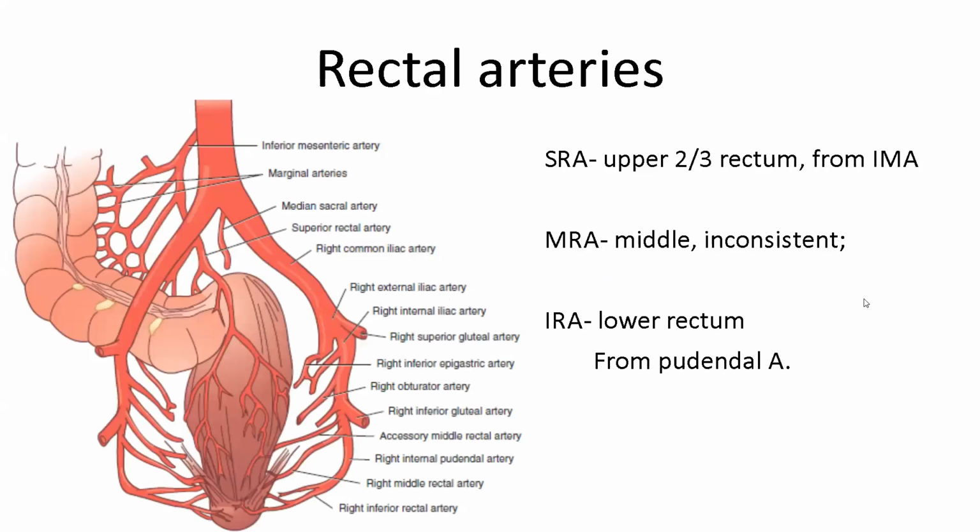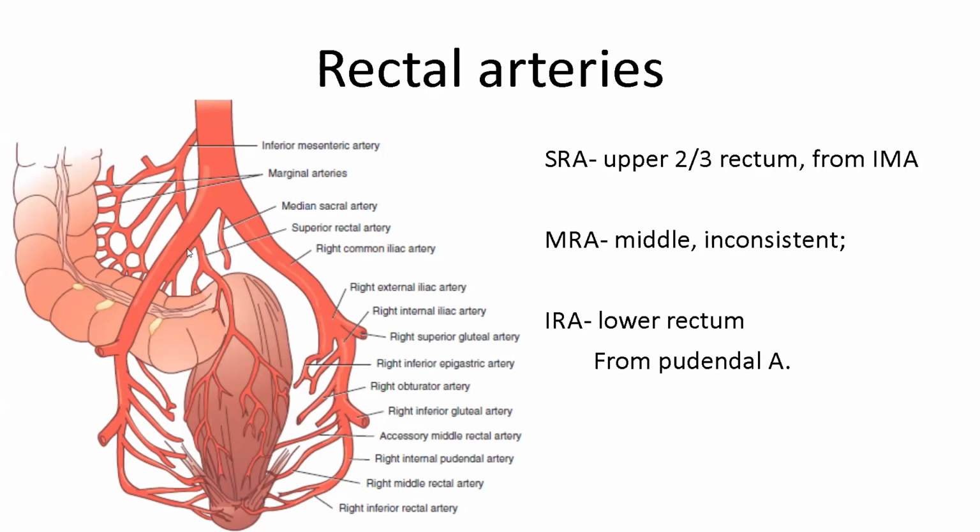Next is coming to the blood supply. Rectal arteries. Now this figure is actually seen from behind. So here we can see that this is the inferior mesenteric artery. It arises about 3 to 4 centimeters from the aortic bifurcation.